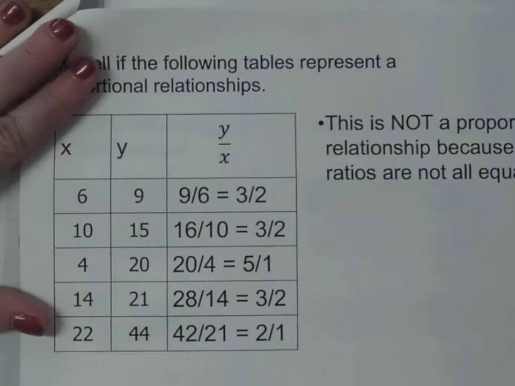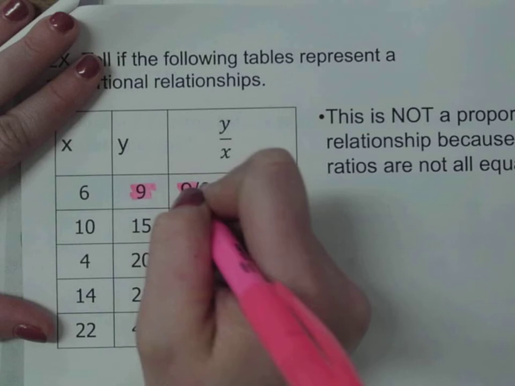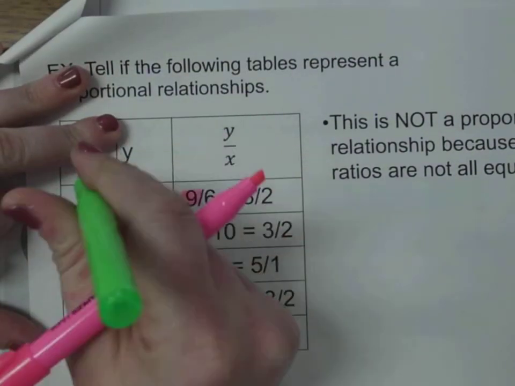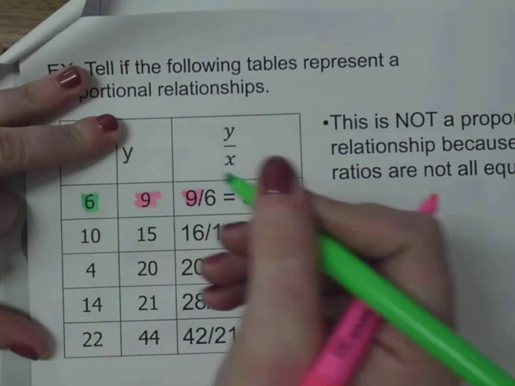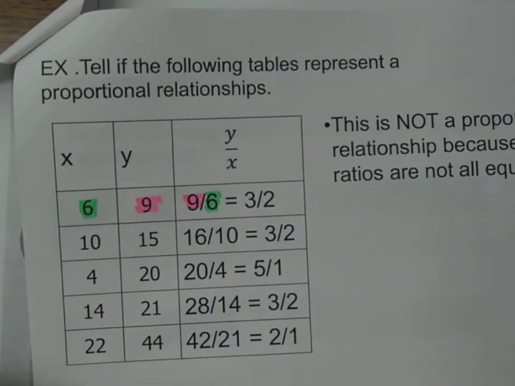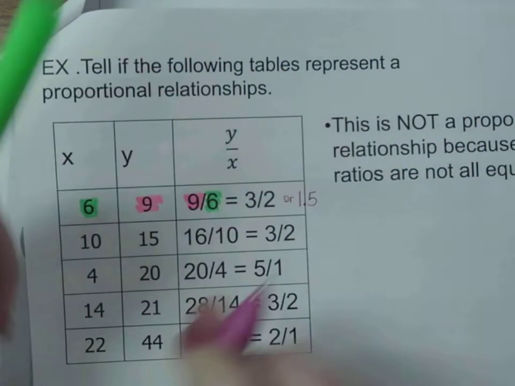Okay, then we're going to do the same thing. 9 divided by 6, which is 3/2 or 1.5.